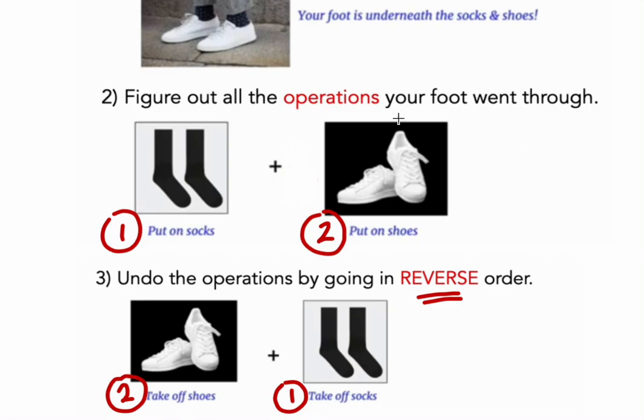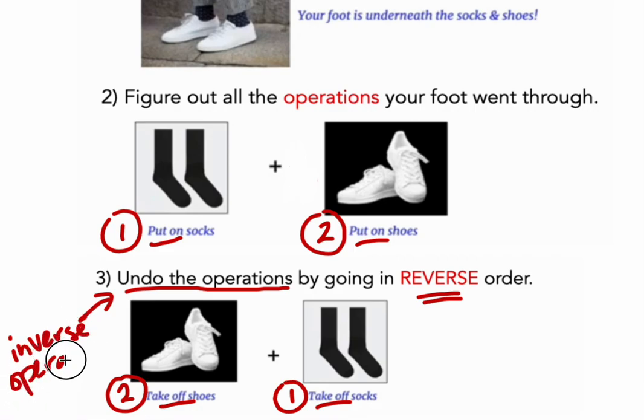So if you notice, my operations are going in reverse. Instead of putting on, I'm now taking off, and the order is going in reverse as well. So we're going in reverse order, the inverse operations. You're undoing the operations. So if you remember, when you undo operations in math, it's called inverse operations.